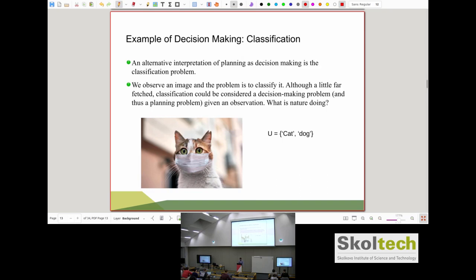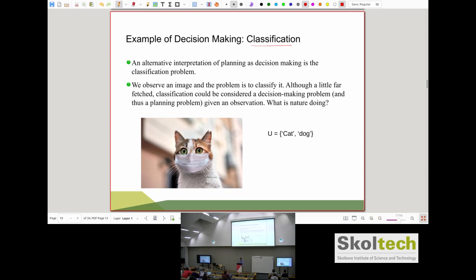Okay, another example of decision making. This is something that I'm sure most of you have seen around, this problem of classification. So far we have talked about how to get from point A to point B. But an alternative is to think that classification is also a decision-making problem.